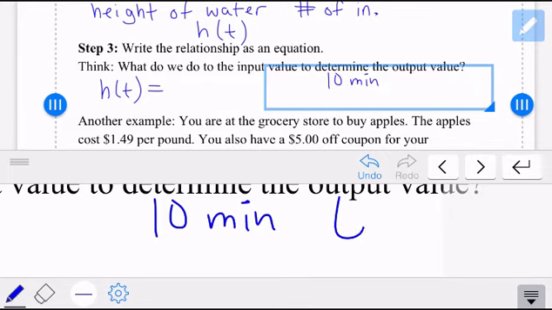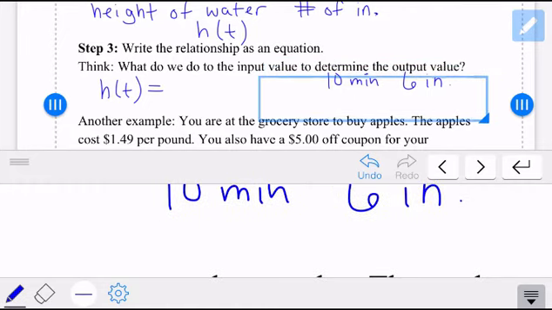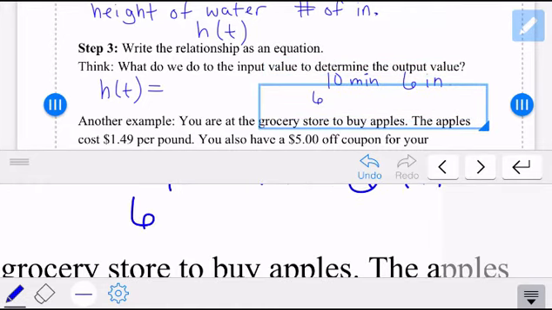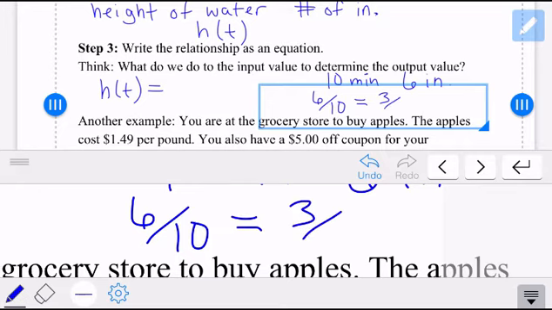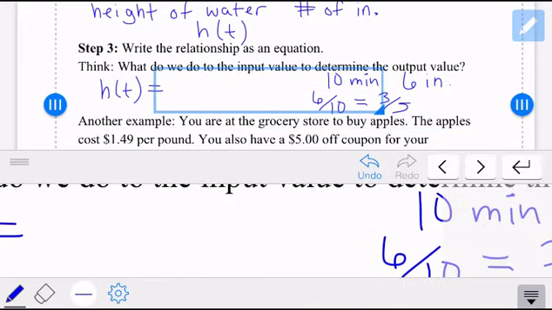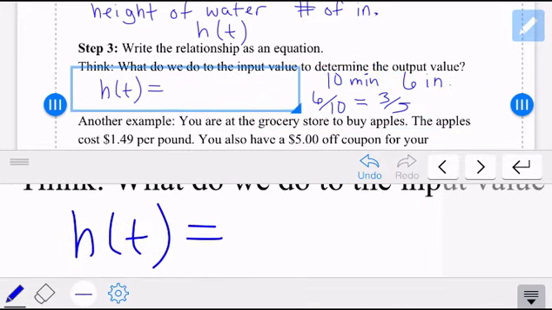If it was 6 inches after 10 minutes, what would that 1 minute look like for our height? So 10 minutes, 6 inches. Well, in order to figure that out, you would do 6 inches divided by those 10 minutes, and that's going to find the amount per minute. If we reduce that, that would be 3/5. So 3/5 of an inch after 1 minute. So then what do we do for our function? How would you actually calculate that?